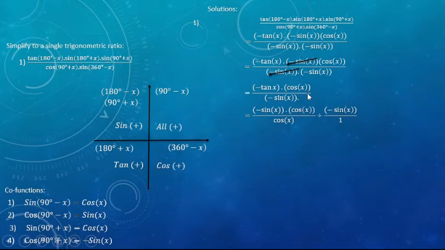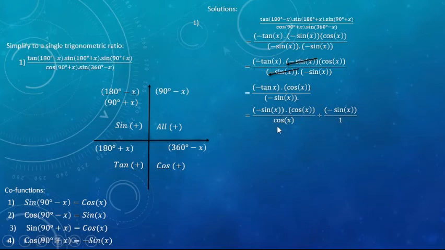And then since we have this divided by negative sine, I turned this division line into a division sign, so that I can have two fractions here.